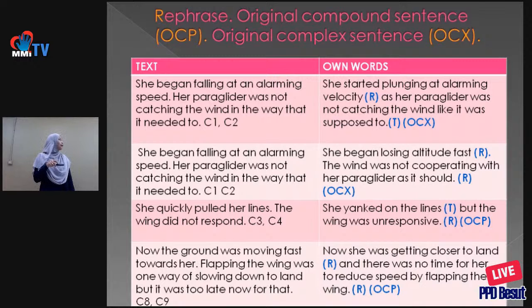Ayat ni dua tapi dia gabung dengan and untuk jadikan dia original compound. And there was no time for her to reduce speed by flapping the wing. Okay, dia rephrase. And bila dia gabung dua ni dia jadi OCP, original compound. Okay, and there is one terms, OCPX, original compound complex sentence. Okay, boleh juga.